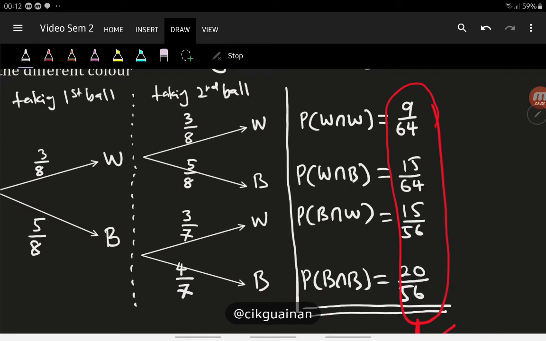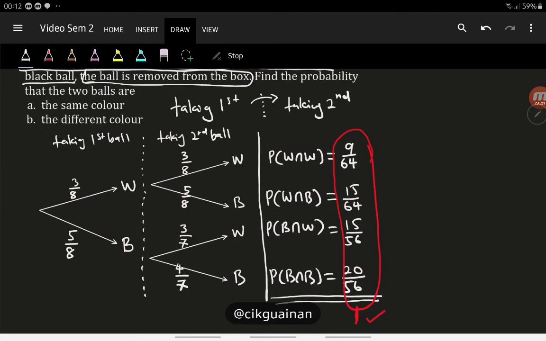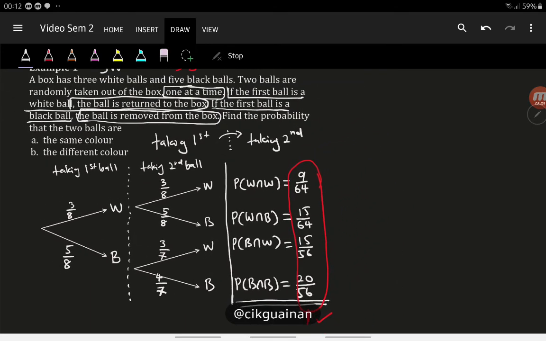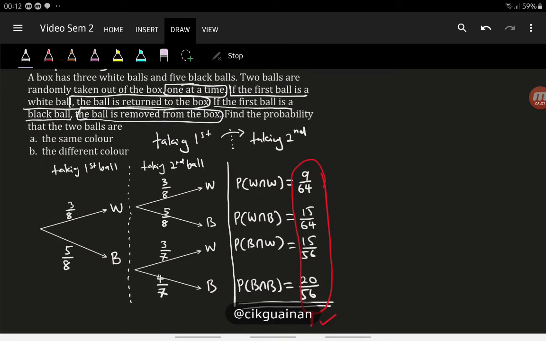Now we can use our tree to solve the question. Let me zoom out a little bit. To answer A, they're asking for the probability of the same color. Same color means the probability of white and white plus the probability of black and black.